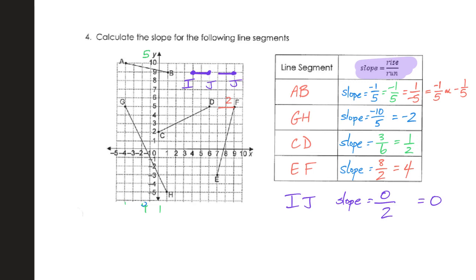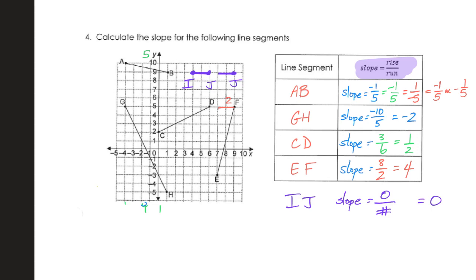Well, what's 0 divided by 2? 0. Do you notice that regardless of how long line segment IJ is, I will always have a rise of 0 divided by some number? And what's 0 divided by any number that's not 0? It's equal to 0. And so maybe we get a little confirmation now as to why a horizontal line segment has a slope of 0.